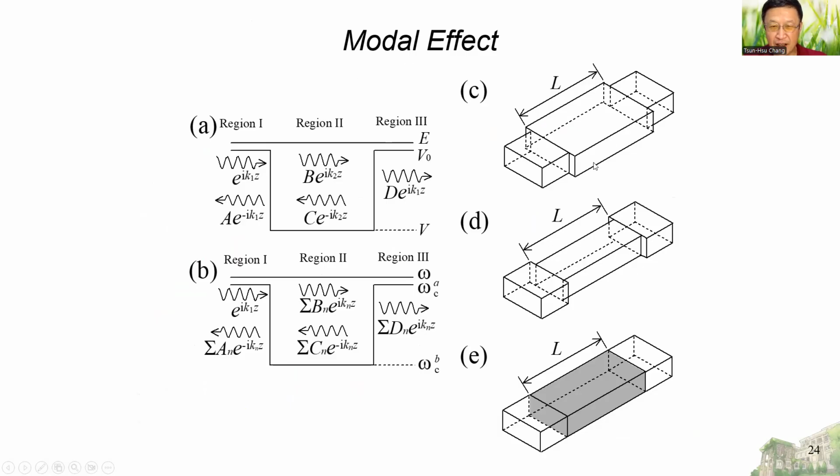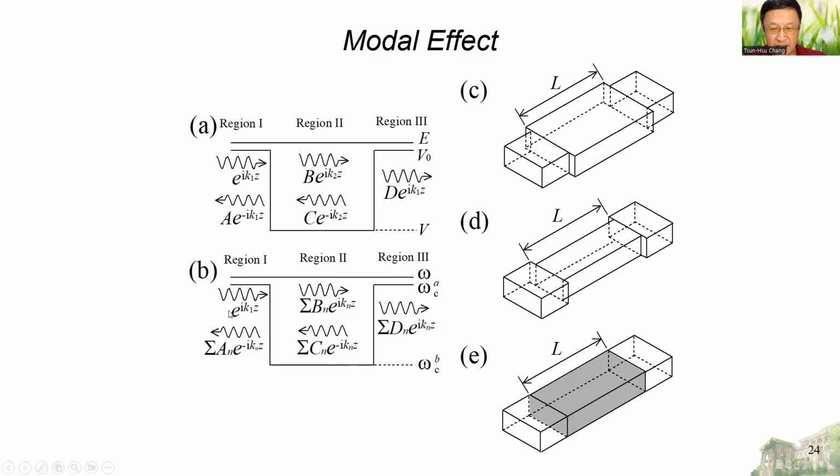For this case, we should consider not just one mode, because it will excite more than one mode. It will excite more because of discontinuity. But for this one, yes, just one mode inside. So because of the discontinuity in geometry, more than one mode will be excited.